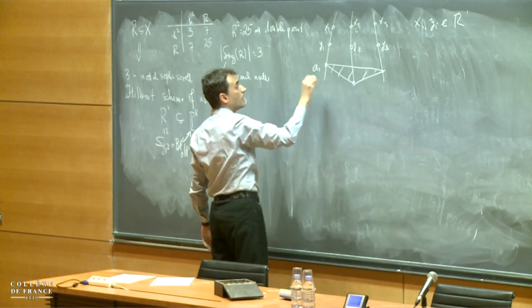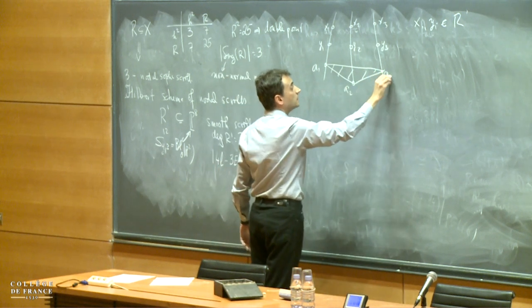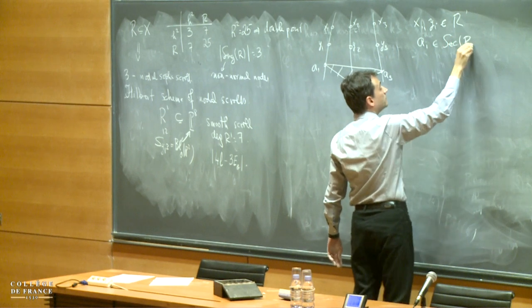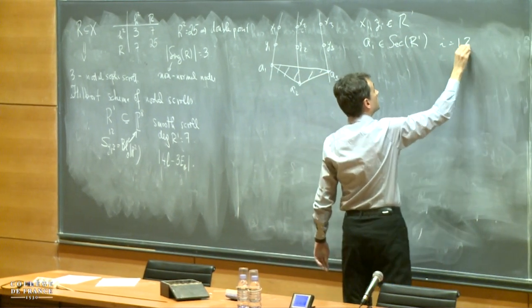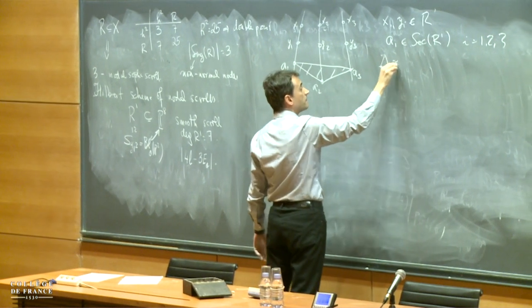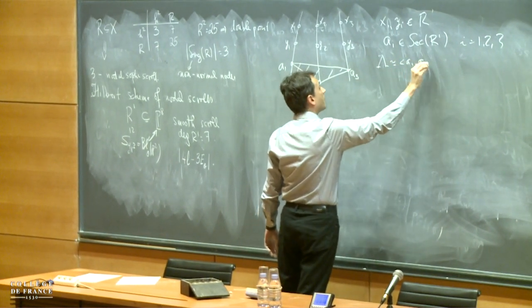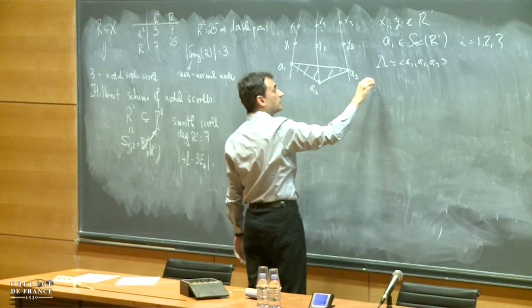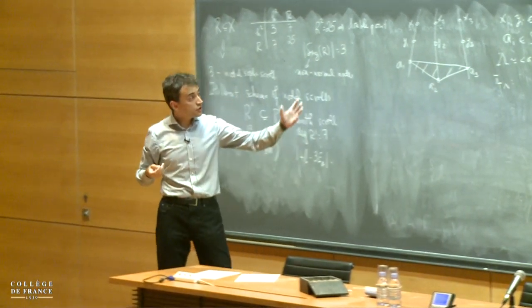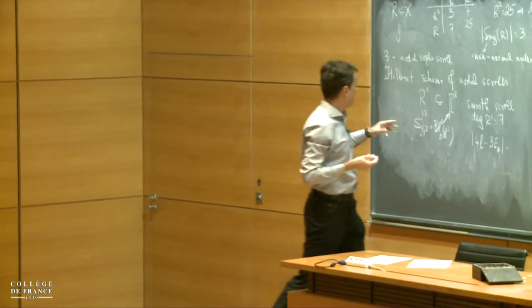So here as A1, A2, A3. So Ai are points in the secant variety of R prime. This plane is called lambda. And we project from this 2-plane, and we project to a complementary P5.